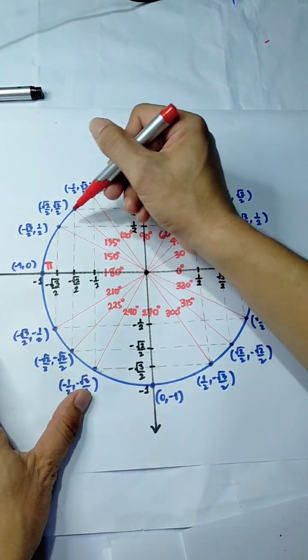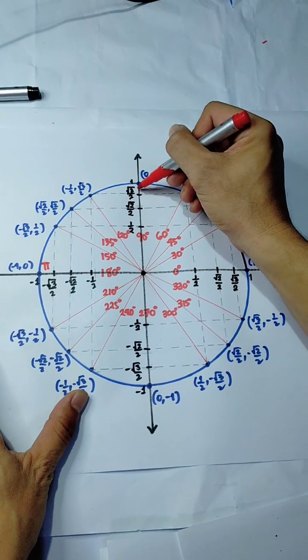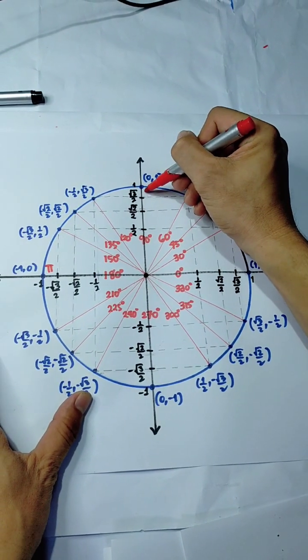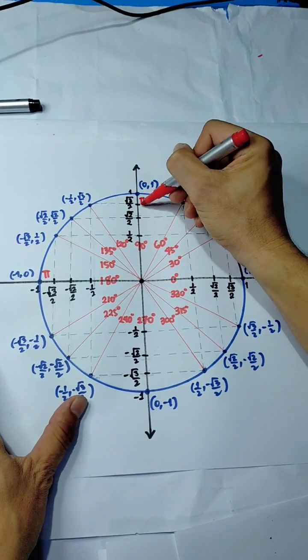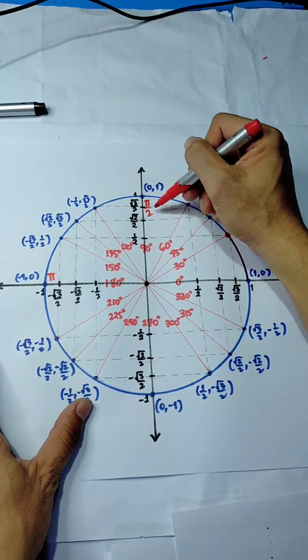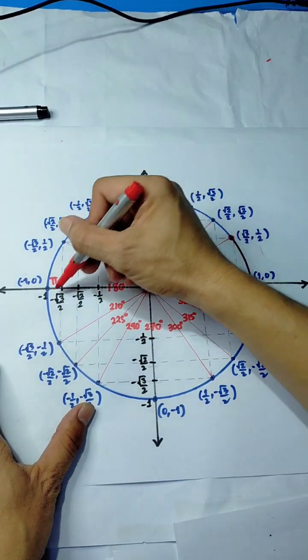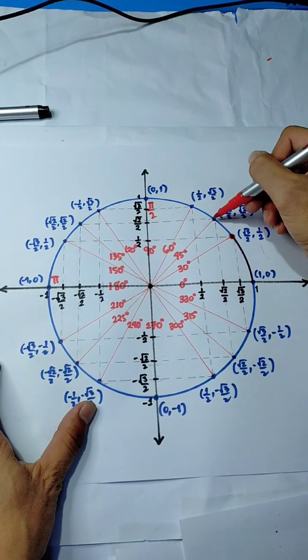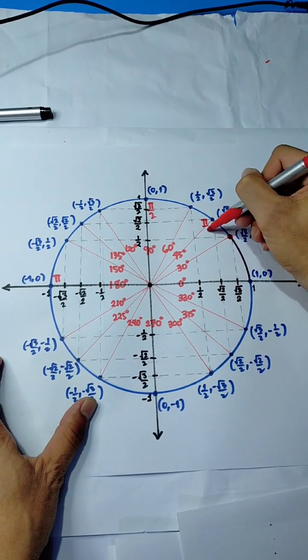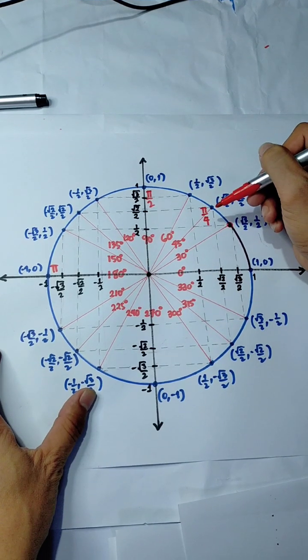And half of this pi, which is 90 degrees, is pi over 2. And half of pi over 2 is 1/4 of pi, which is the 45 degrees. So that is pi over 4.